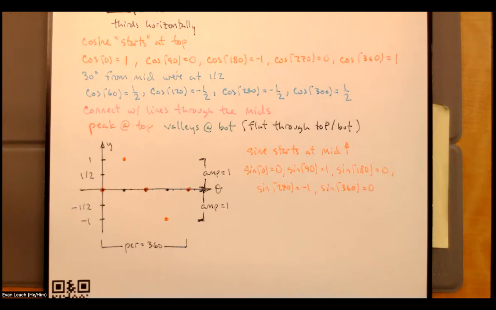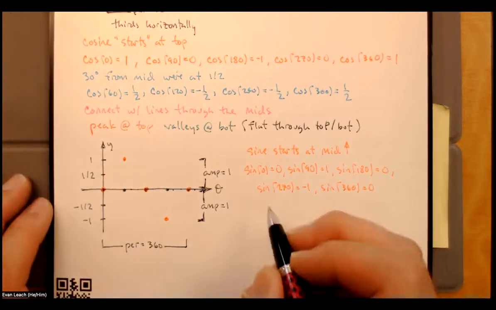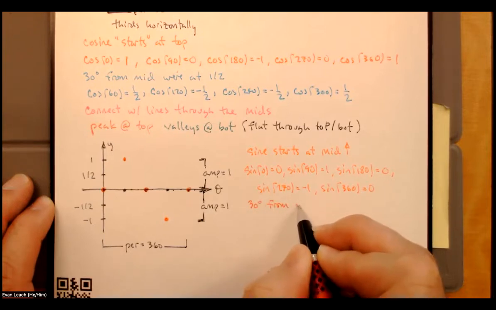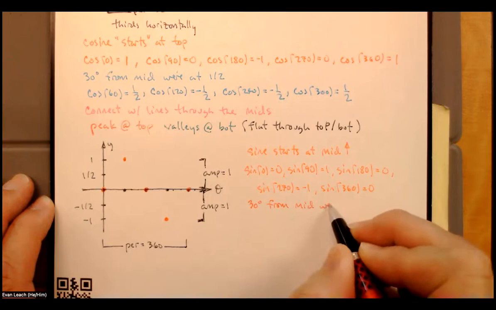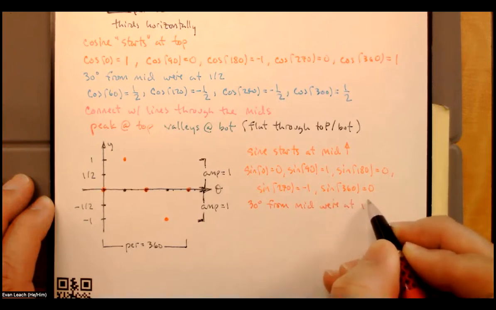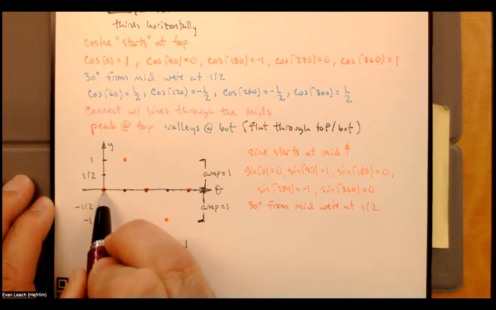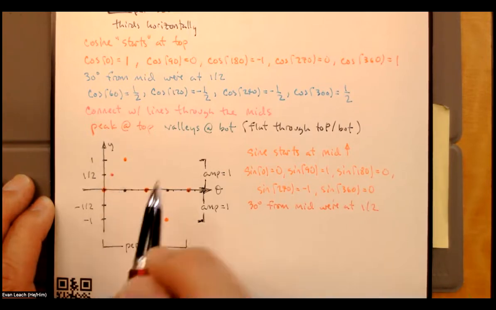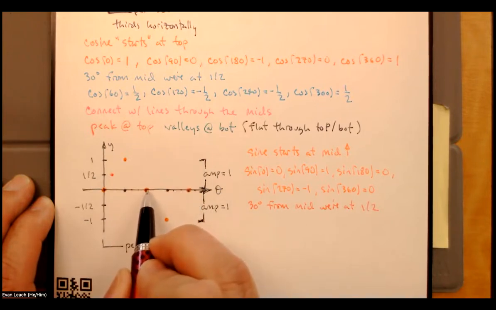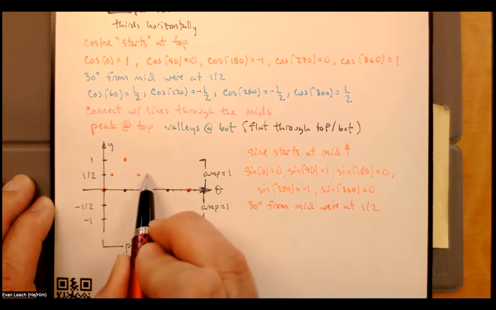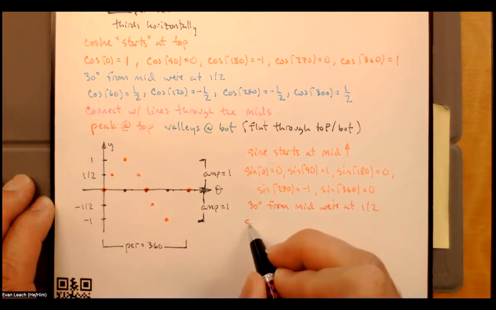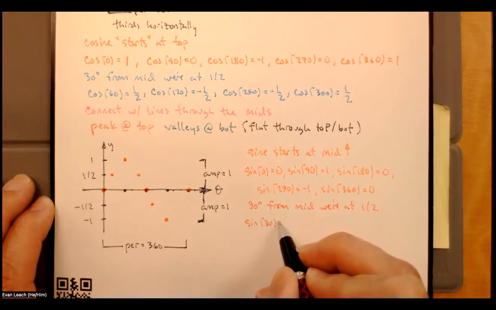30 degrees on either side of the middle, that's where we hit 1/2. So 30 degrees from the middle from 0 is 30. That's where we're at a half. The next middle is at 180. So we're at 1/2 at 150 and negative 1/2 at 210. So we get that sine of 30 is 1/2.